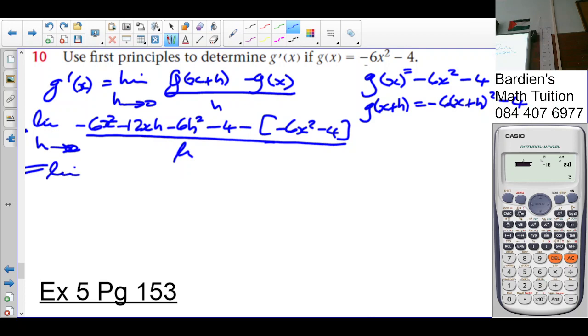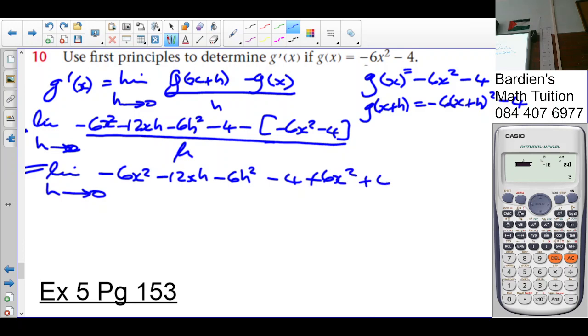That gives us the limit as h approaches 0 of negative 6x squared minus 12xh minus 6h squared minus 4 plus 6x squared plus 4 all over h.